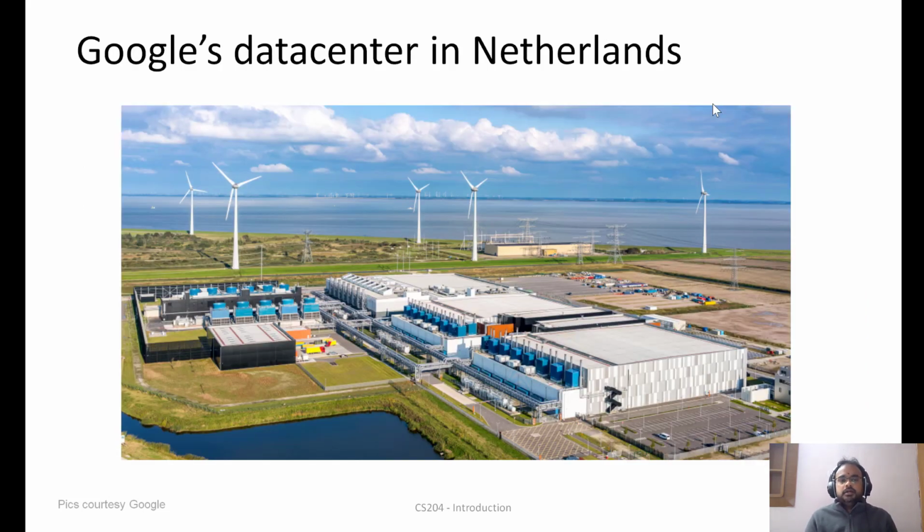Here is the bird's eye view of the Google data center in Netherlands. You can see the buildings are huge. In fact, your typical container trucks look like toy trucks here. Now imagine the power supply that needs to be given to such a data center, and try to imagine the amount of heat that is generated from the data center.